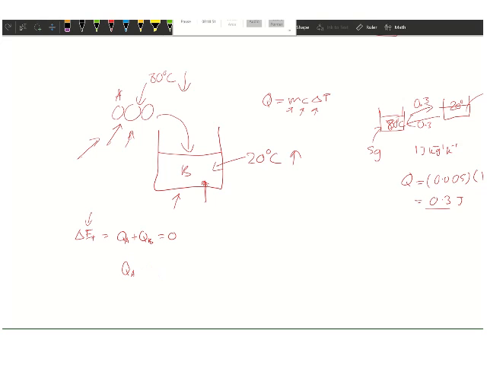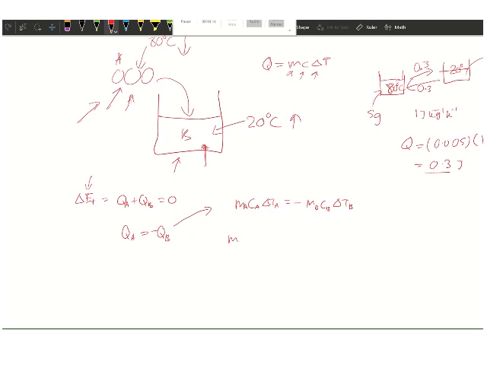So then you can solve for the temperature from here. You just need to input the values respectively. Then you have MA, CA, delta TA, minus, don't forget the minus there, MB, CB, delta TB.